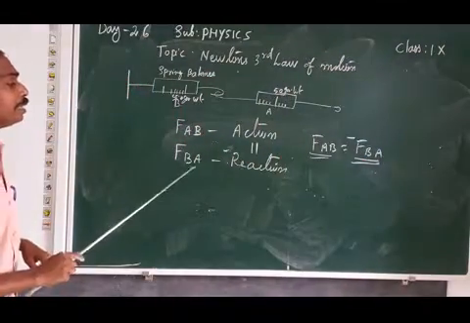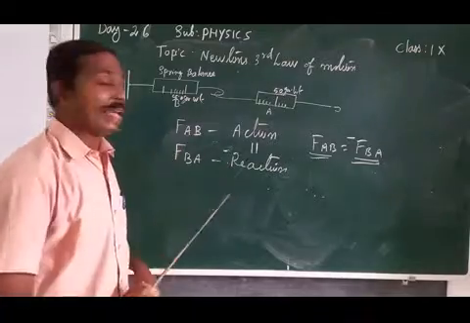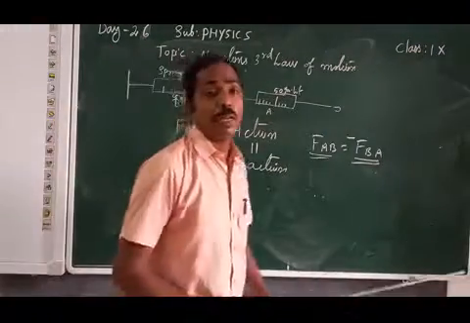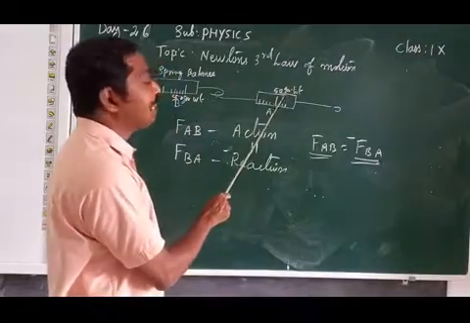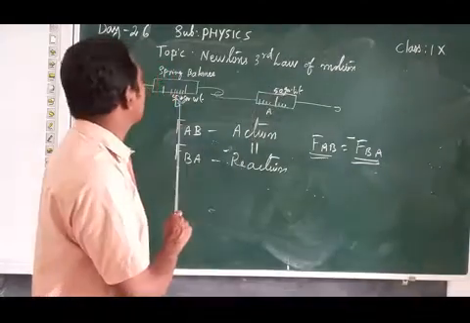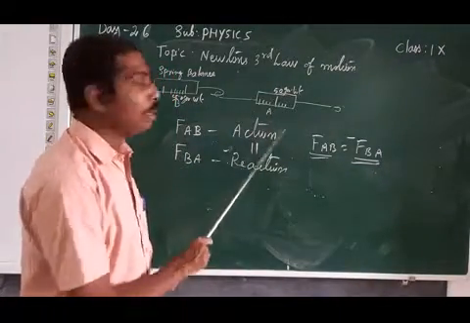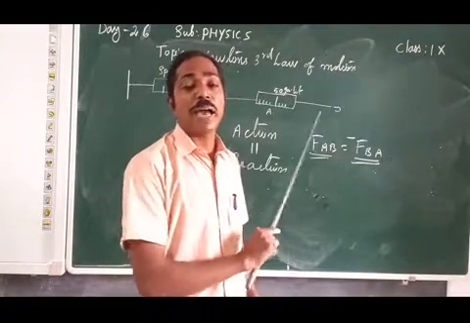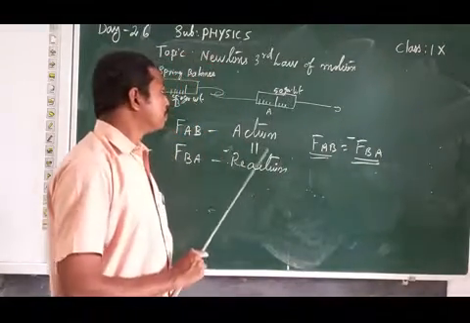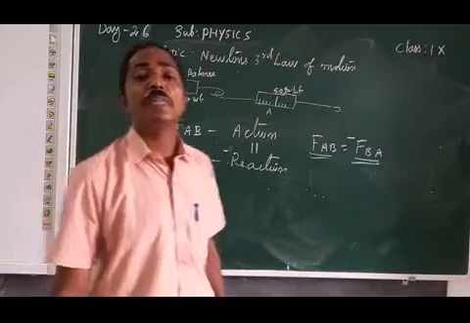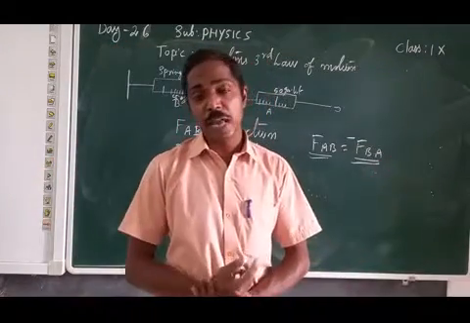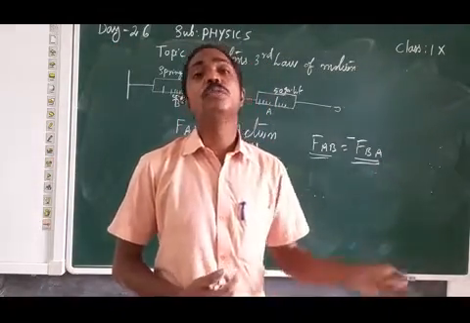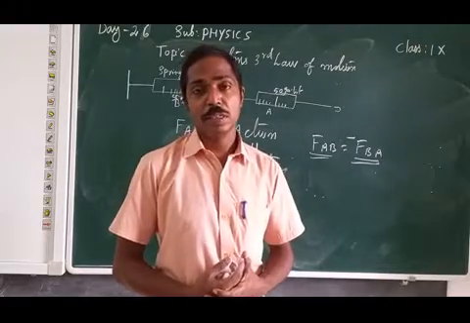Due to reaction, B applies force on A. The magnitude is the same. If A shows 50 gram weight, B also shows 50 gram weight. Forces are equal in magnitude and act in opposite directions. So we can say action equals minus reaction, and they act on two different bodies in two different directions.